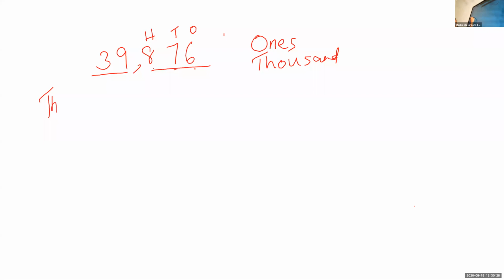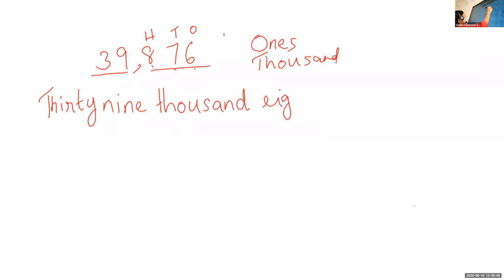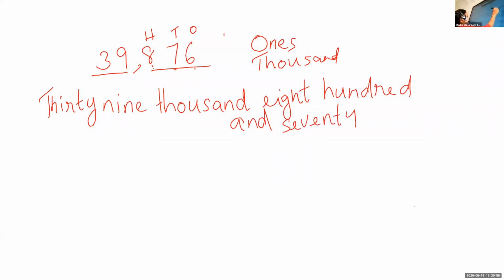39,000. Yes, 39,000. How many hundreds here do we have? 800. 876. And 76.